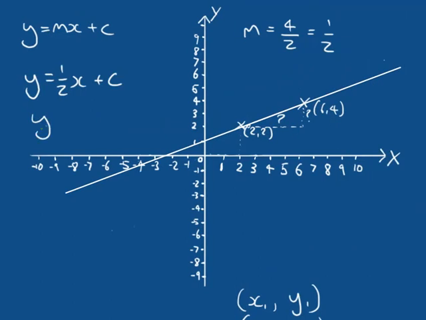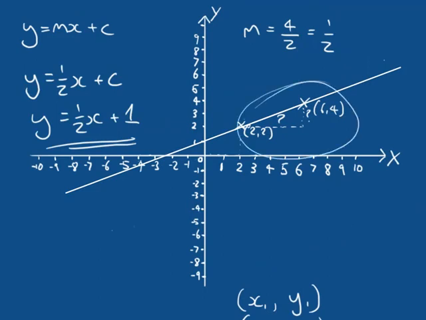That meant our final equation was y equals a half x plus 1. So this is what we're expecting to get. Let's check that by using our 2 points in that equation.